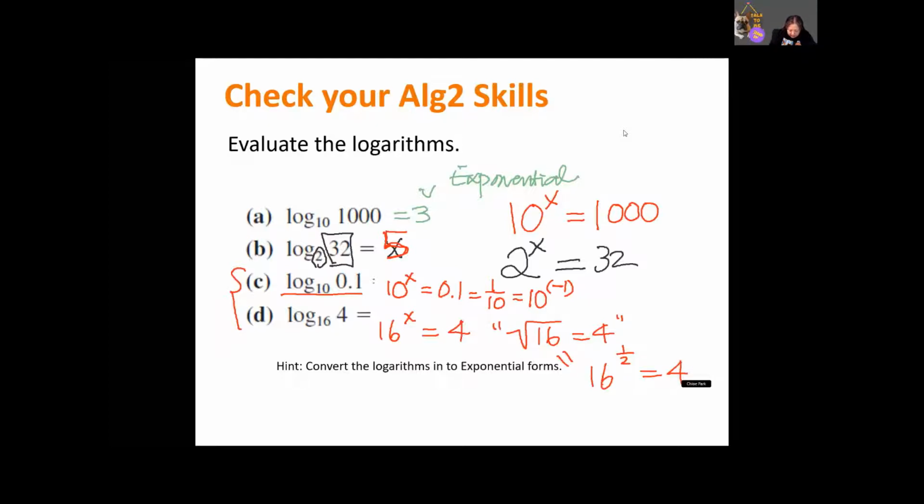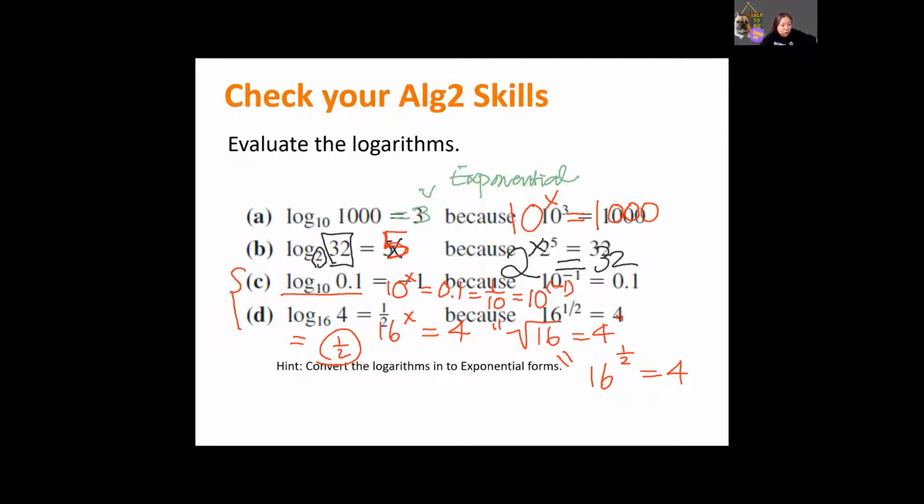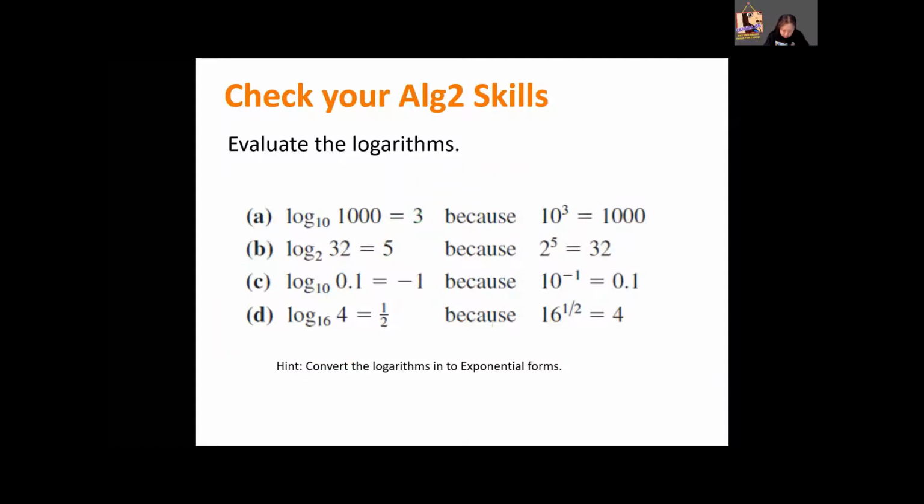Then this x is supposed to be 1/2. That's why log base 16 of 4 is 1/2. Okay, and once we go to the next slides, it will show all the work there. Then there's an answer for you to try later.